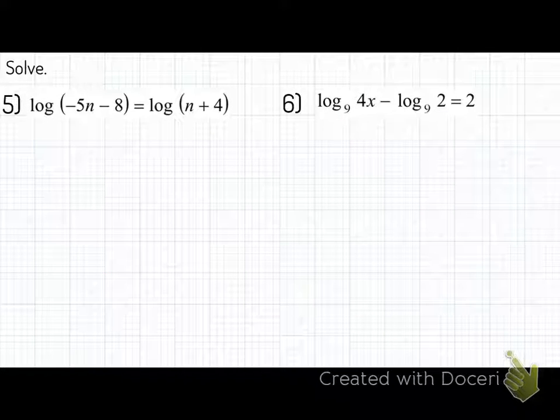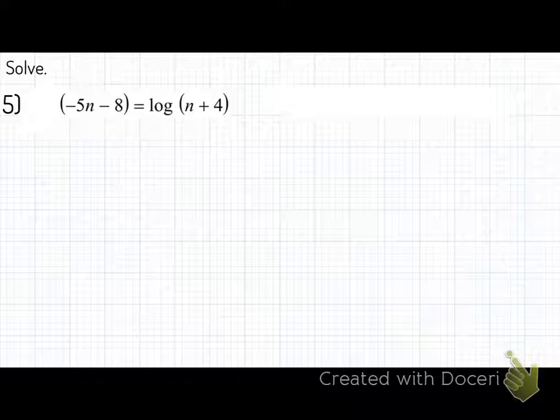Number 5. Now I got a question for you. You know how the beginning of the problems look like this, and then I could take a log of both sides? What if I started with logs?